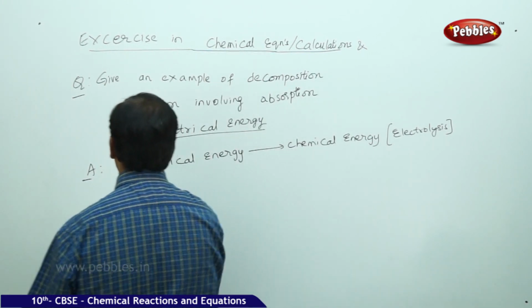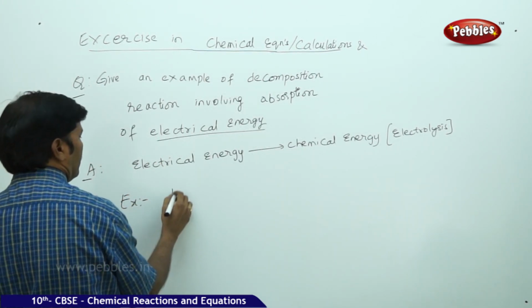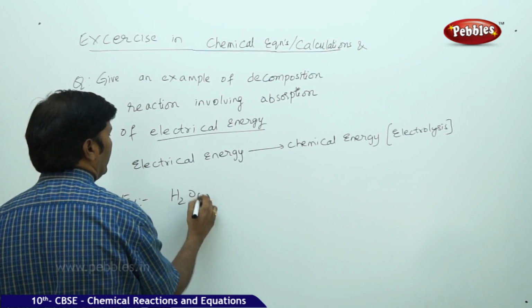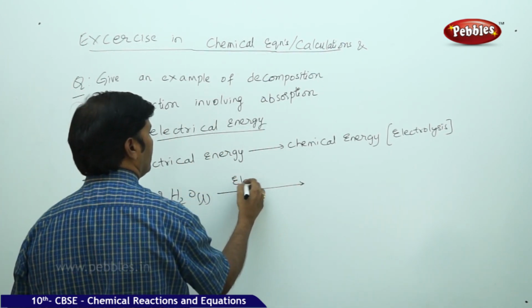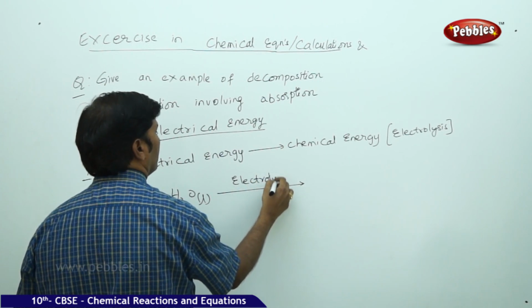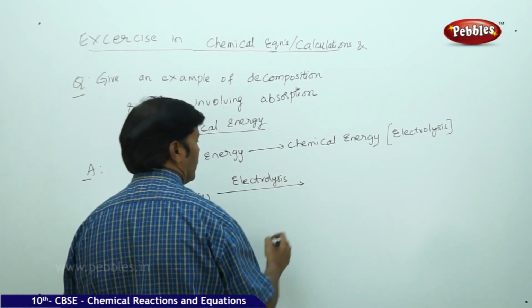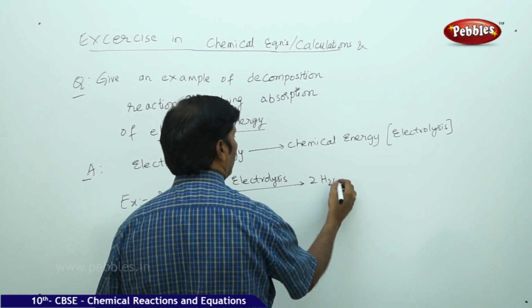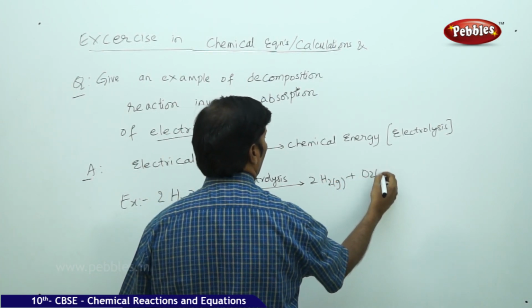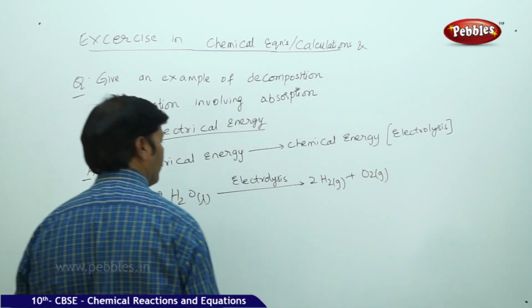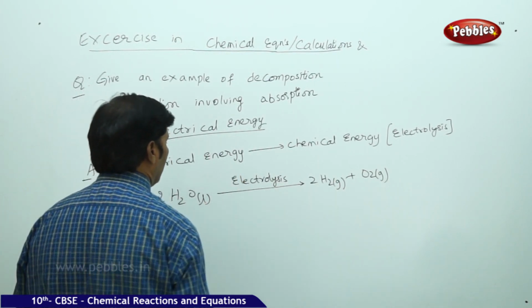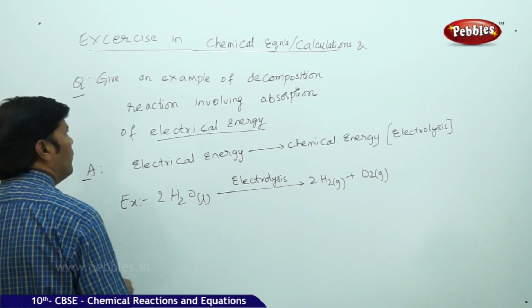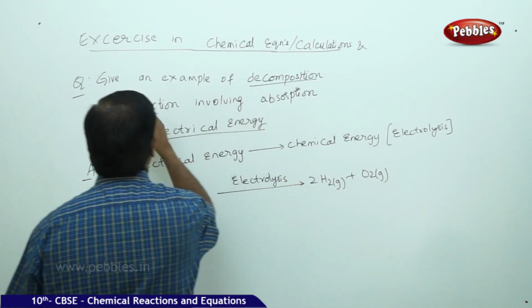electrolysis. Example, you can take water, liquid, 2 molecules of water, subject it to electrolysis, it gives 2 moles of H2 gas plus 1 mole of O2 gas. So this is electrical decomposition reaction. Here water is getting decomposed.